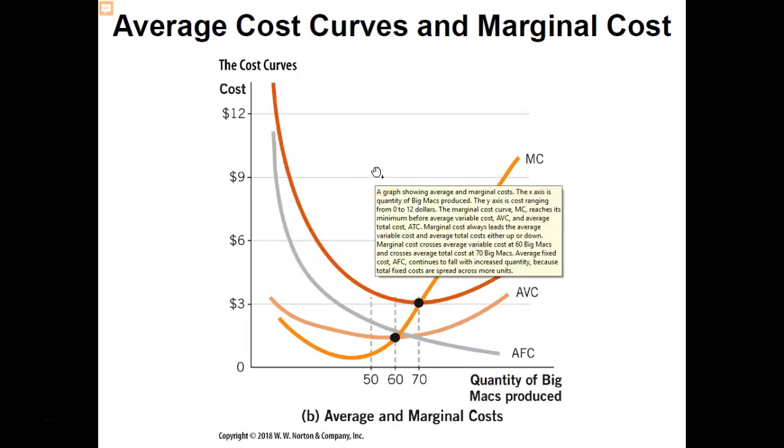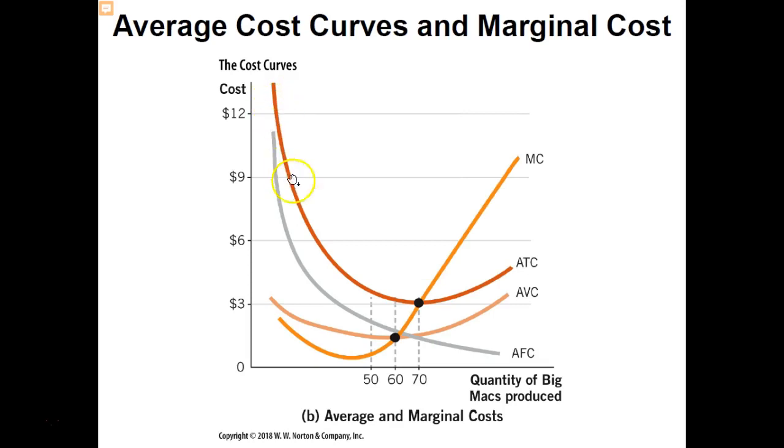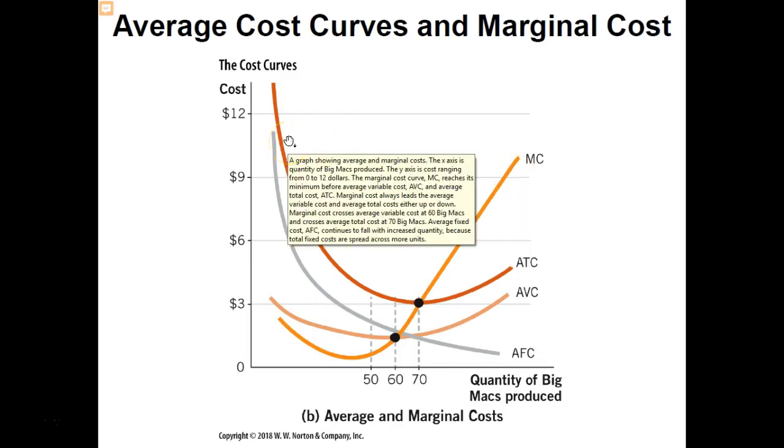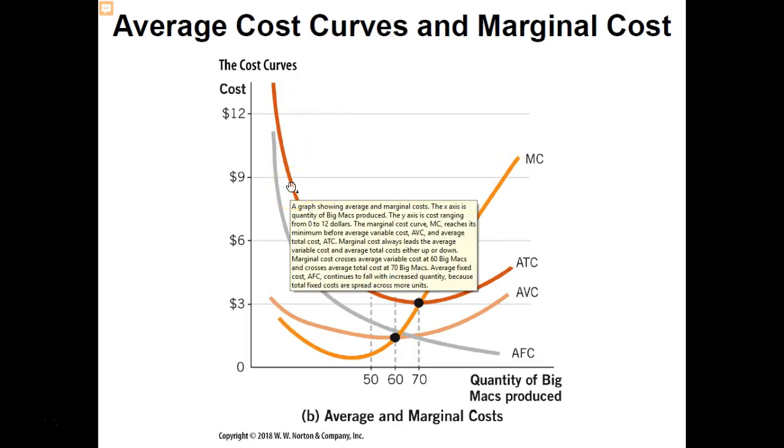But the three main curves that we're mostly interested in are the average total cost curve, the average variable cost curve, and the marginal cost curve. Again, just remind yourself what these curves are and what they represent.